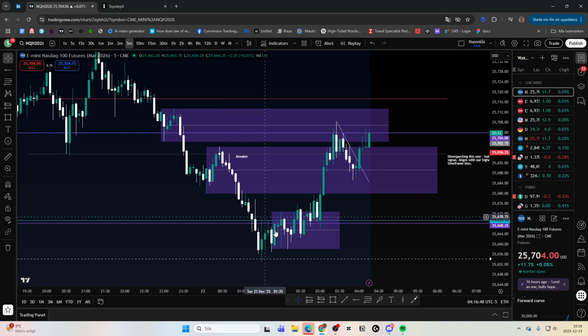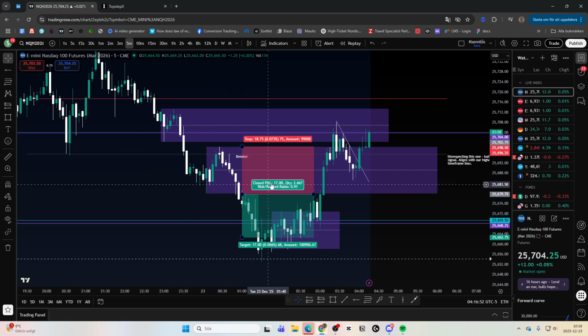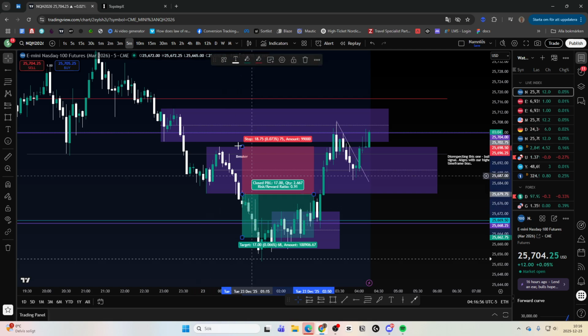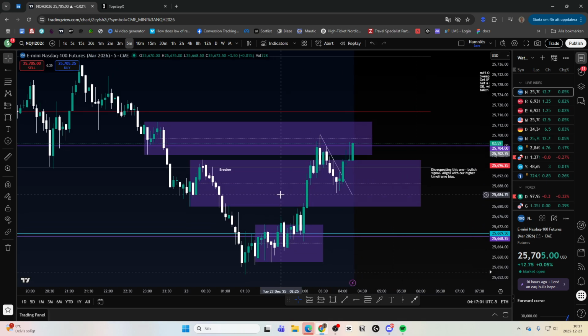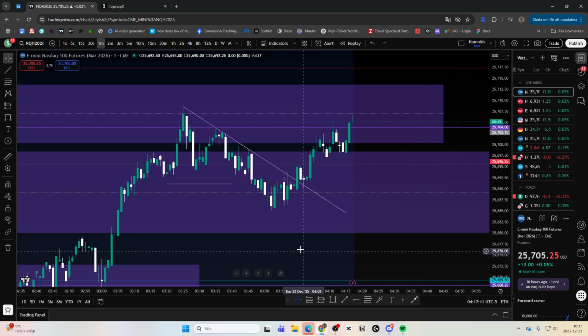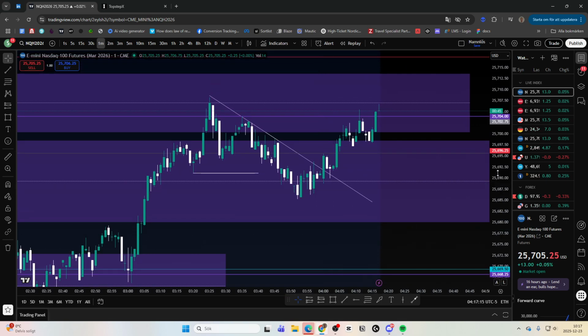So they still have orders in this, and they want to mitigate those losses now that price has gone higher. But I don't really think we built up a long position too beautifully here. So it's not a super high probability setup for me, and so I'm just not going to take it for now.